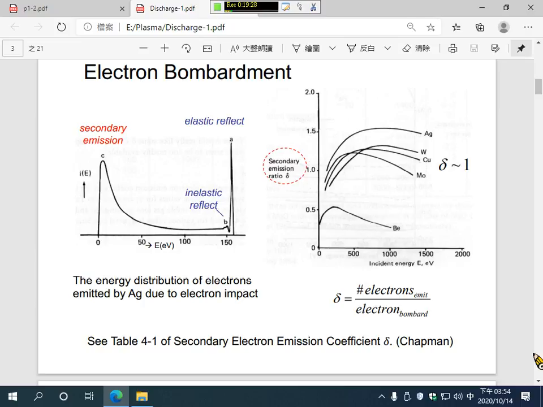So this part is the number of incident electrons. This part is the number of emitted electrons. The ratio is the secondary electron emission yield, or secondary emission ratio, delta. Okay.